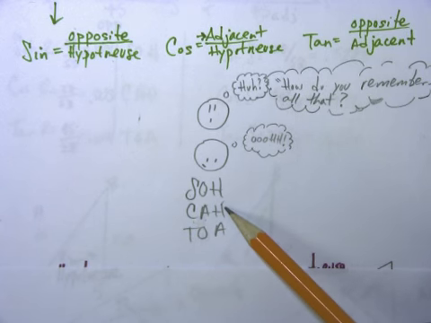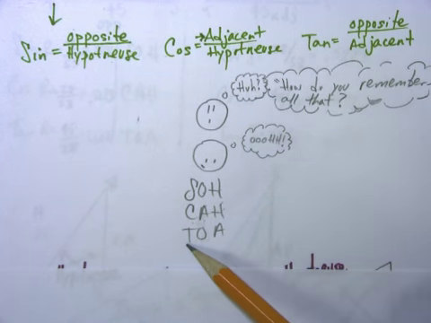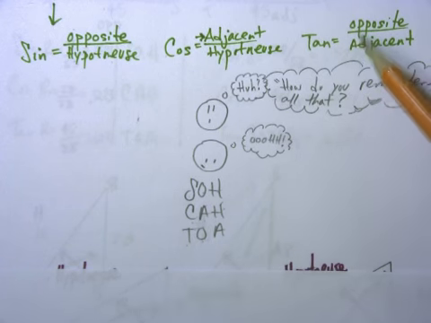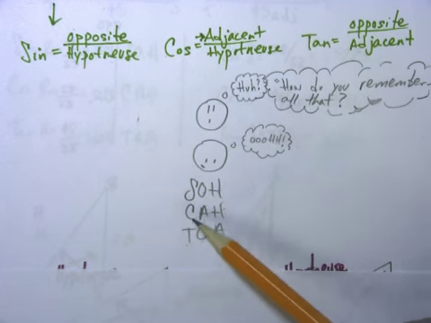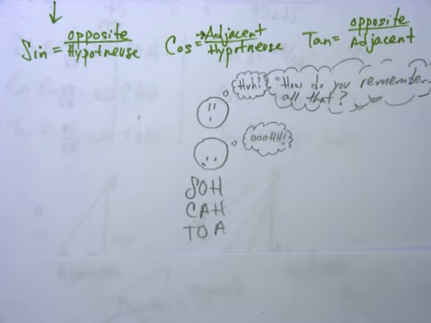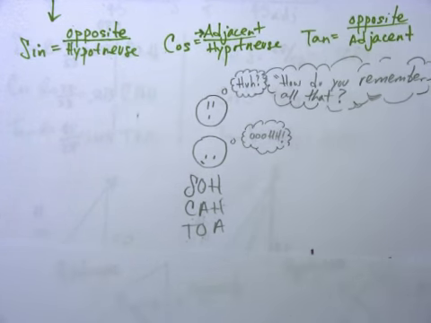The cosine function is the adjacent over the hypotenuse. And the tangent function is the opposite over the adjacent. SOHCAHTOA. If you say that to yourself a couple of times in your head, you actually see that it makes sense when you say it. SOHCAHTOA tells you what the three trig functions are.